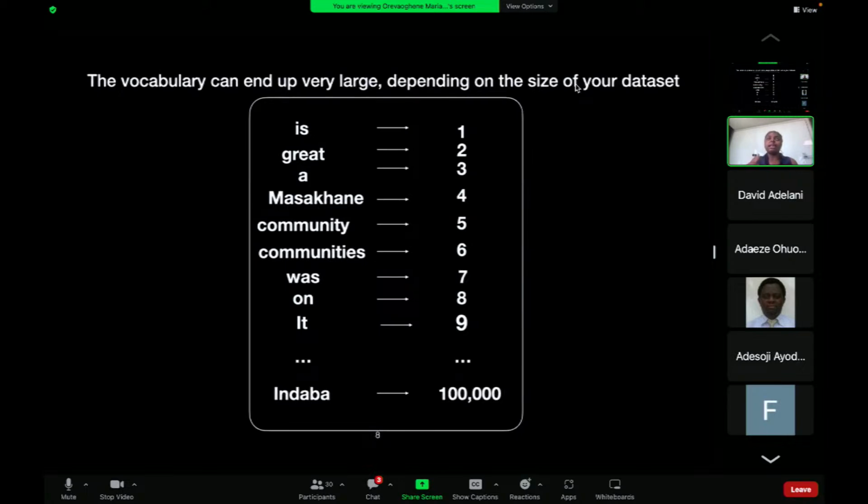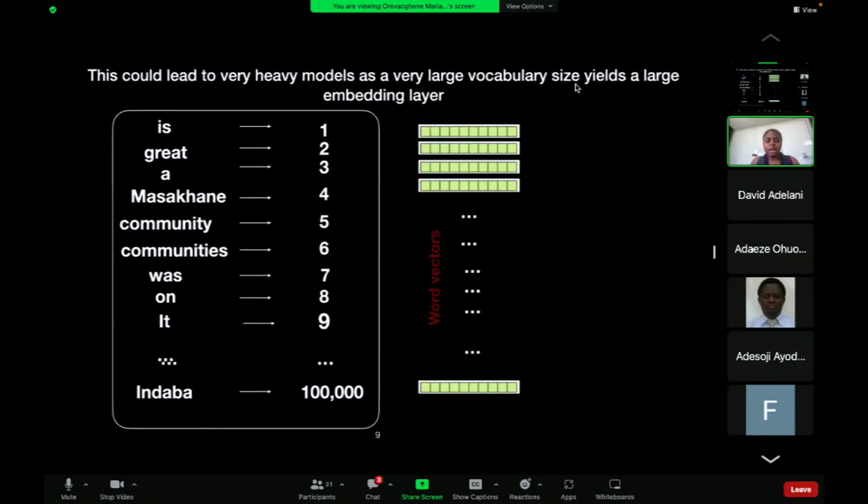Another thing is that your vocabulary could also end up being large. If you have a very large pre-training data and you take all of the words in your data set, you end up with a very large vocabulary. The consequence of this is that the vocabulary size determines the size of your embedding layer in your model.